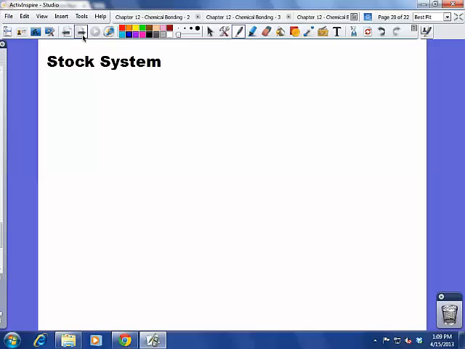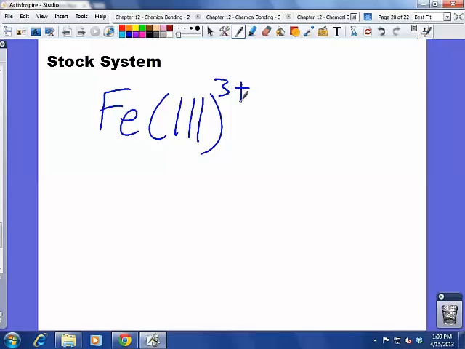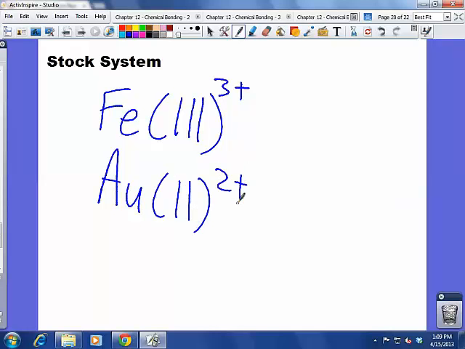But we can't just look at the group number and say how many they're going to lose. We actually have to say what it is. So for example, iron 3 is going to have a +3 charge. Gold 2 is going to have a +2 charge. So this Stock system here uses Roman numerals to tell us what the charge is going to be.